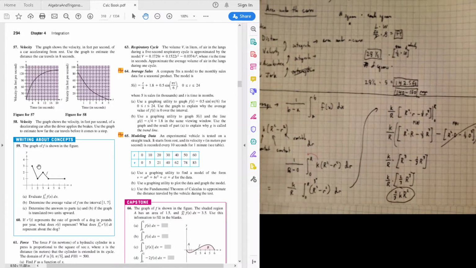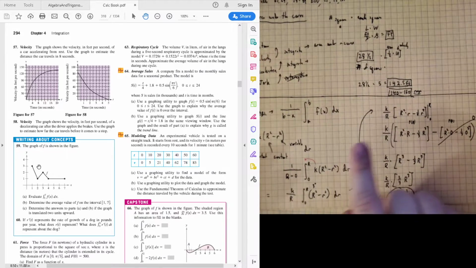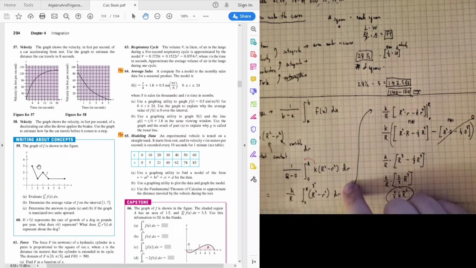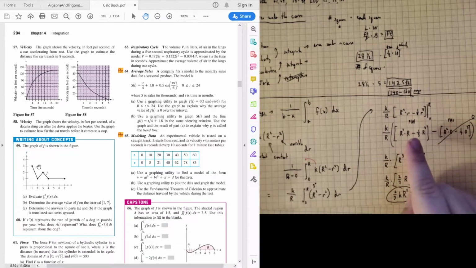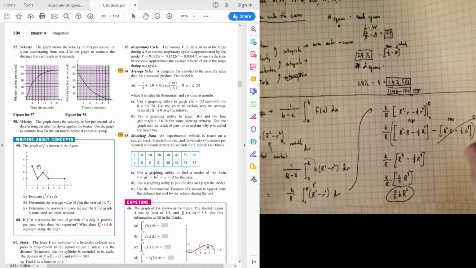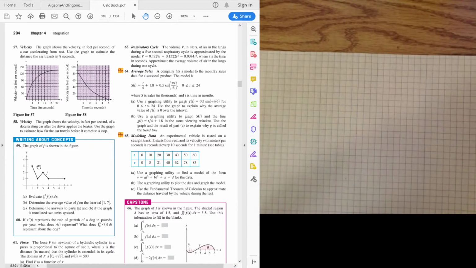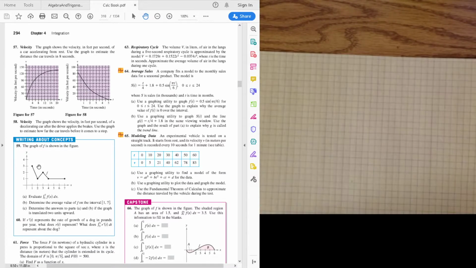If I'm being completely honest, I would probably jump straight from here to here. Because, well, plugging it in is not the hard part. I can take the derivative and plug in at the same time. But it's up to you how much paper this is going to use. If you do find yourself running out of paper, do make sure you have enough.